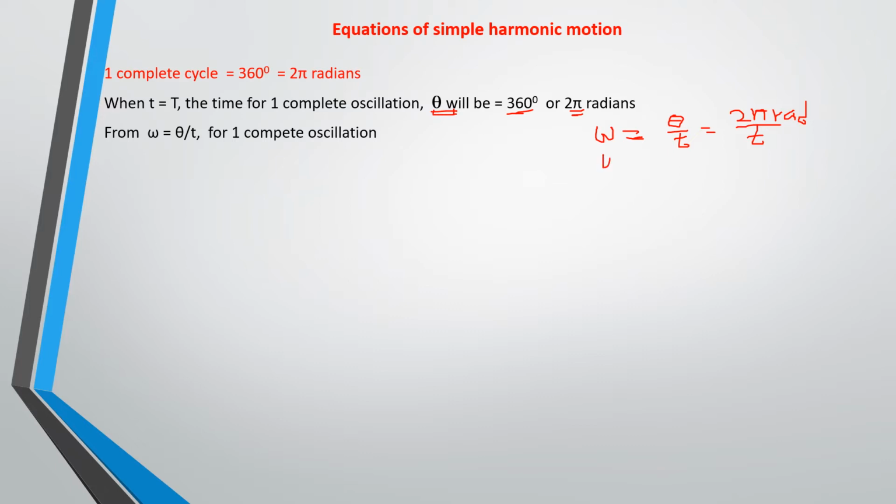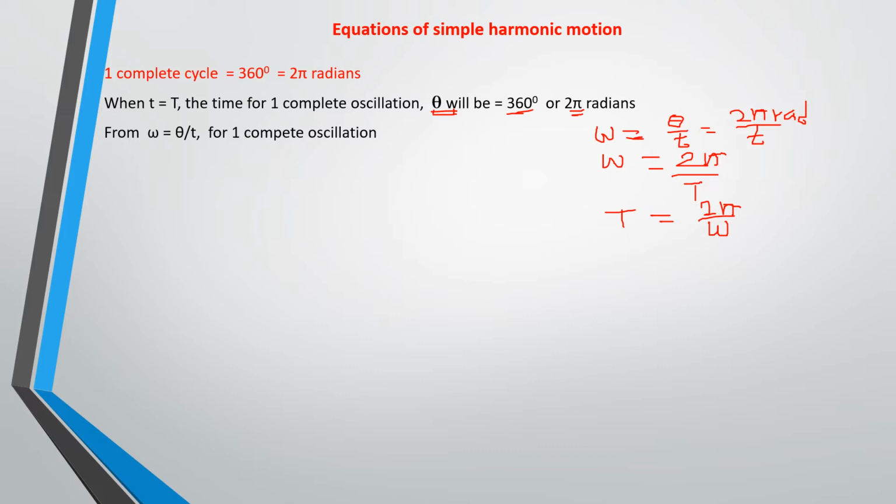So angular velocity can be written as 2 pi all over your period. So the relationship between period and angular velocity will now be period equals 2 pi over angular velocity, right?